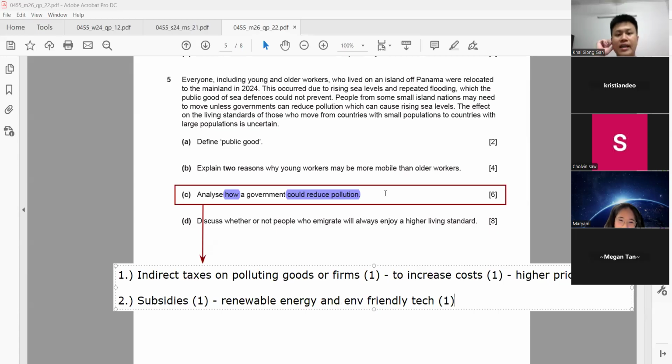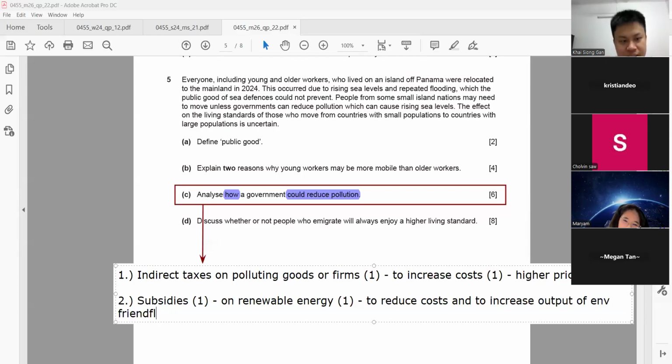Or to encourage the firms to produce more environmental friendly output also can. So you see, I can make it into 3 marks here. Subsidies on renewable energy. So what happened? To reduce costs and to increase output of environmental friendly products. So you can write something like that.